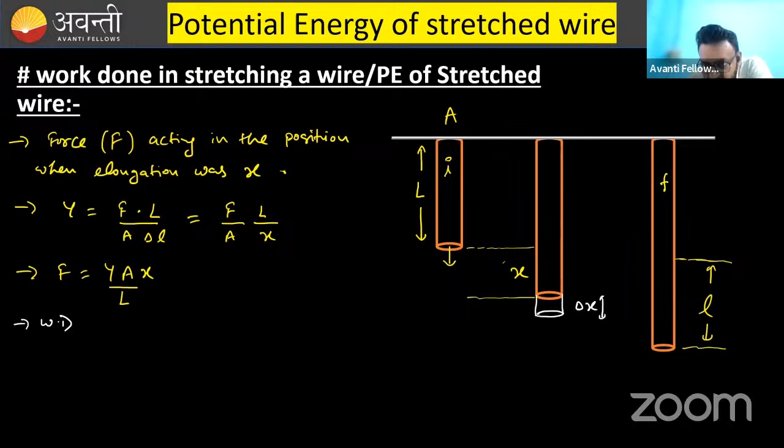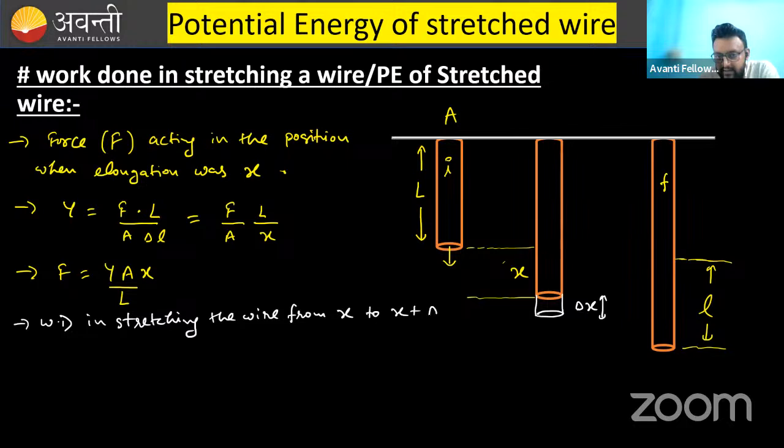From where to where? From x to x plus delta x. So the work done in stretching the wire from x to x plus delta x. This is a common practice: whenever you need work done in variable situations, you need to do this.